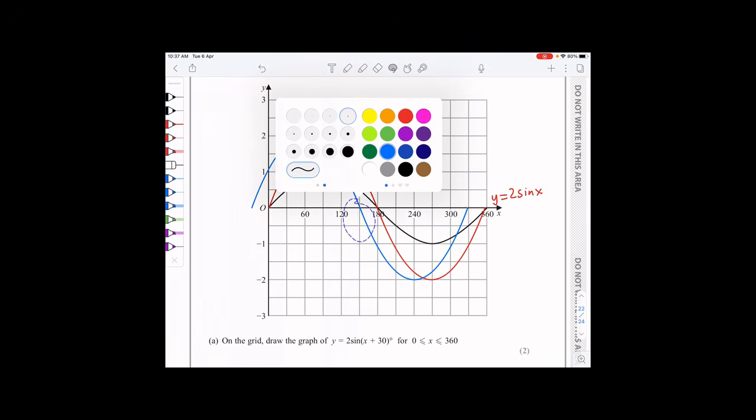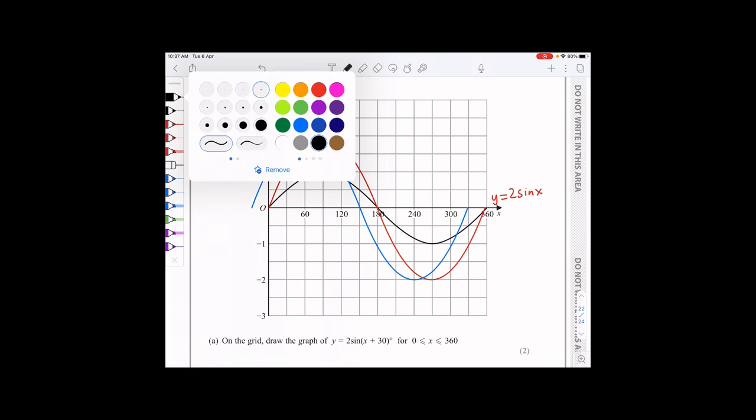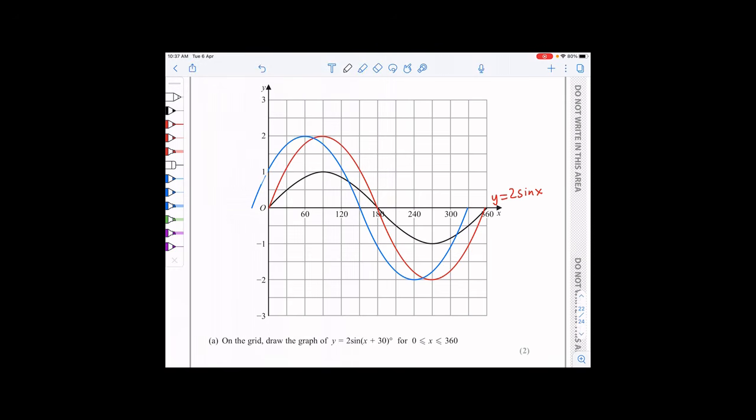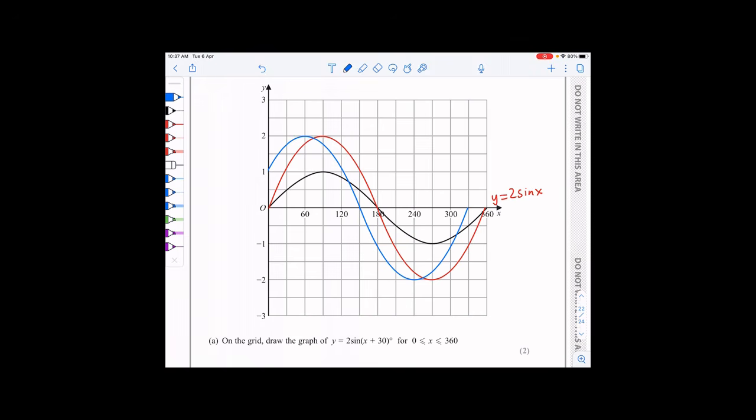So let's make it blue, and we can get rid of the parts that we don't really need. So it's this part here, which is not part of the graph, and we need to continue this one here to go up to 1. So this is 2 sine of x plus 30.